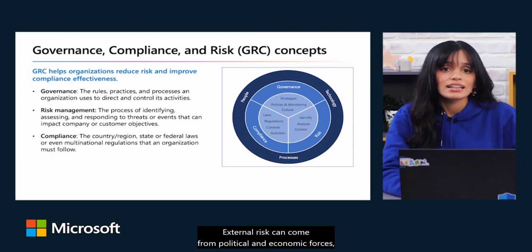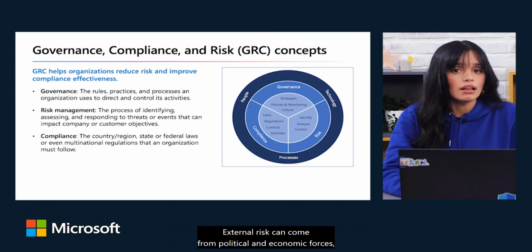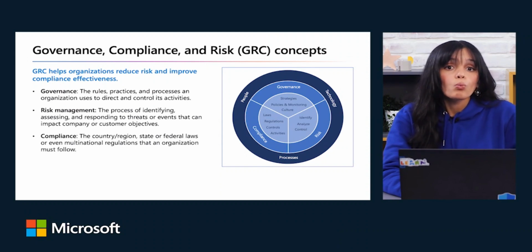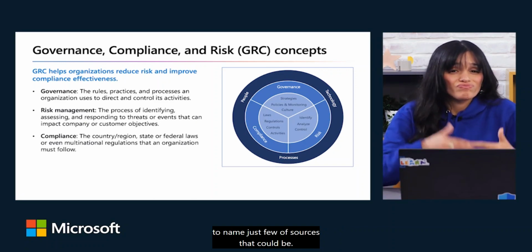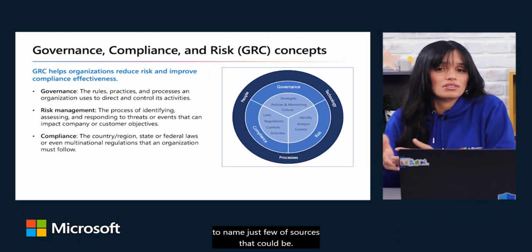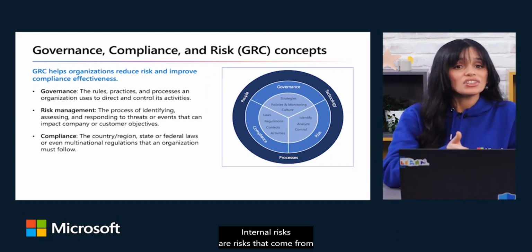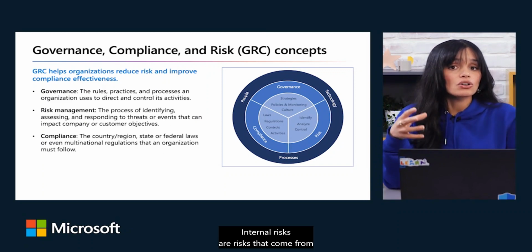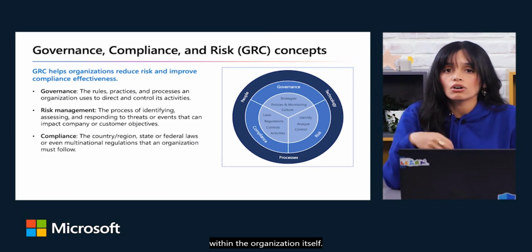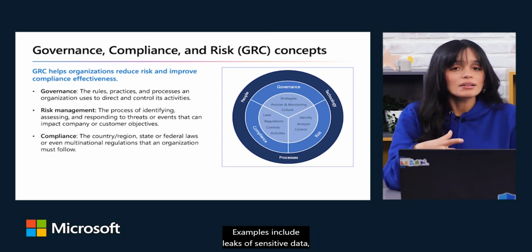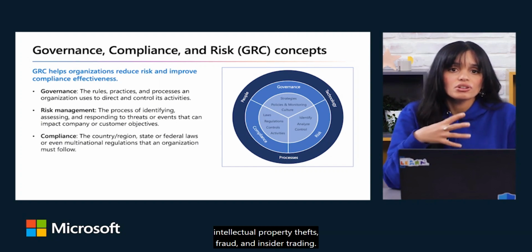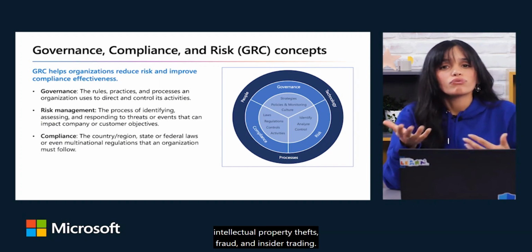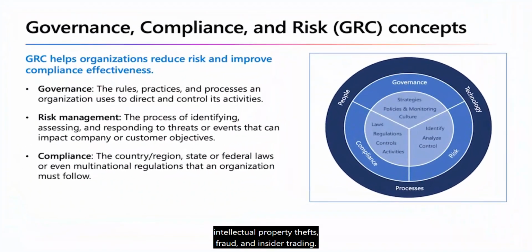External risk can come from political and economic forces, weather-related events, pandemics, and security breaches, to name just a few of the sources that could be. Internal risks are risks that come from within the organization itself. Examples include leaks of sensitive data, intellectual property theft, fraud, and insider trading.